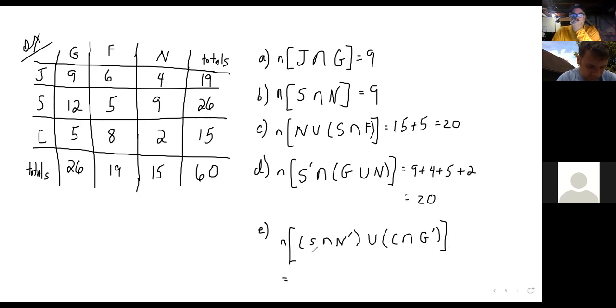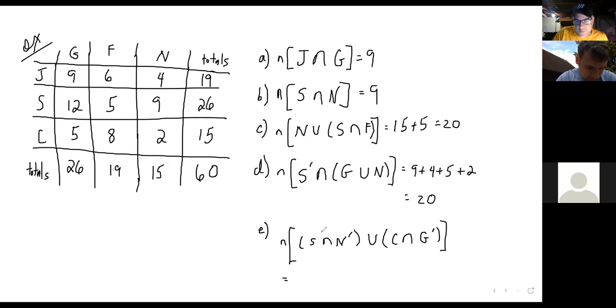All right, so I want to know the number of people who are in senior high and don't play the position of center, or are in college and do not play the position of guard. As long as we can find out the number of people here and the number of people here, and as long as there's no overlap, I can just add the two together.